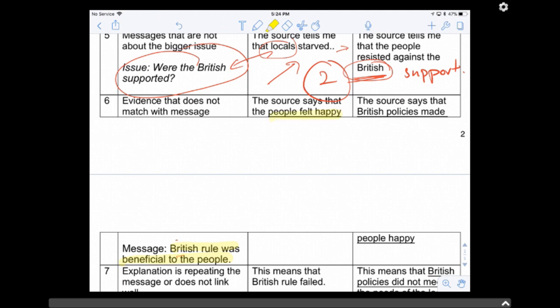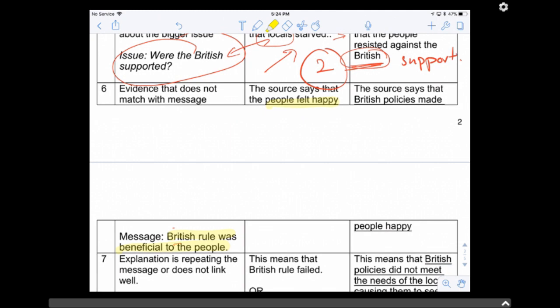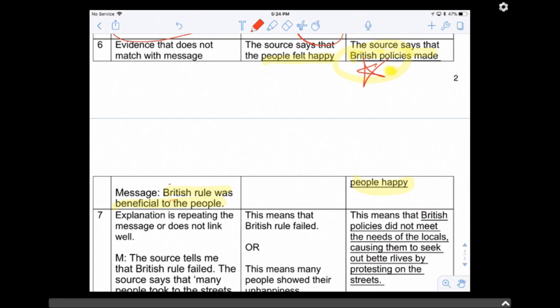Happy at what? Happy at whom? So this is vague evidence. Please be clear: the source says that British policies made people happy. I'm talking about the rule because I'm talking about the policies they created. So be very clear; your evidence must encompass the main characters and your inference as well.